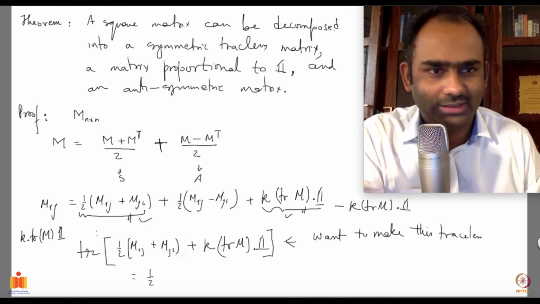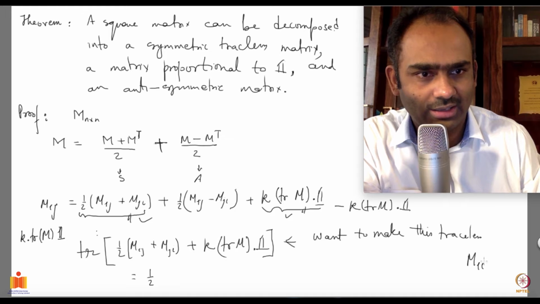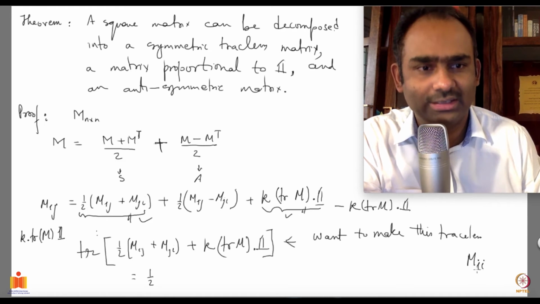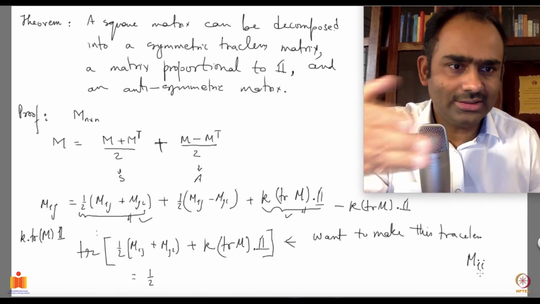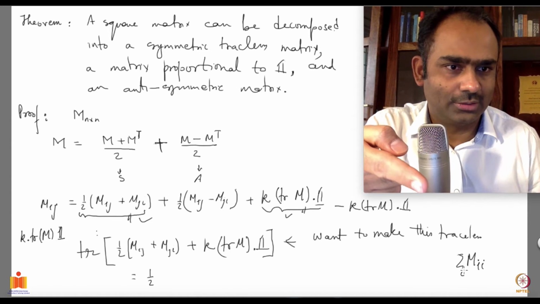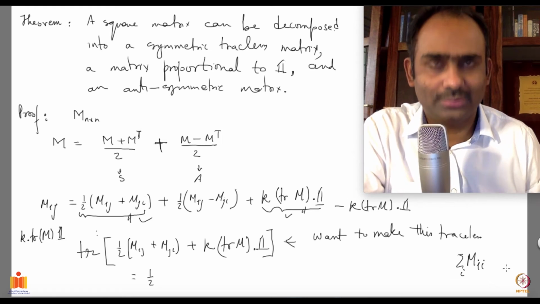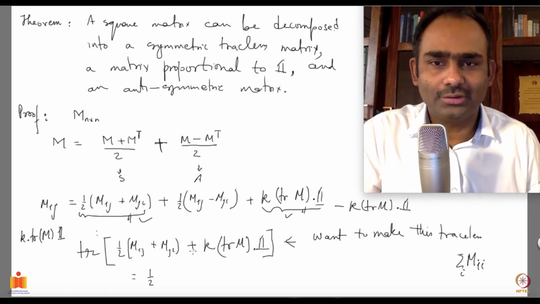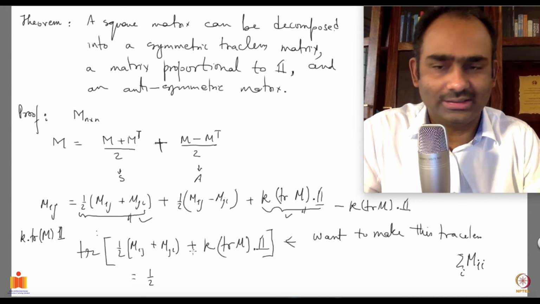Okay, but I hope you already know that the trace is written as Mii, meaning I am summing over the repeated index here. So what is trace? Trace is the sum of diagonal entries: M11 plus M22 and so forth. So here when I'm taking the trace, all I have to do is identify i and j and use the Einstein summation convention.